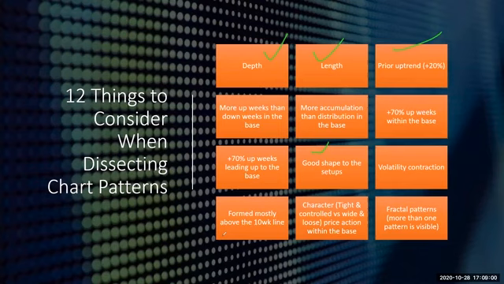Important line in the sand that gets defended. And the majority of your base pattern should be formed above the 10-week line. Otherwise, it would be a flaw. The overall character, tight and controlled versus wide and loose price action. And then something that we already mentioned, the fractal patterns. Is more than one pattern visible?